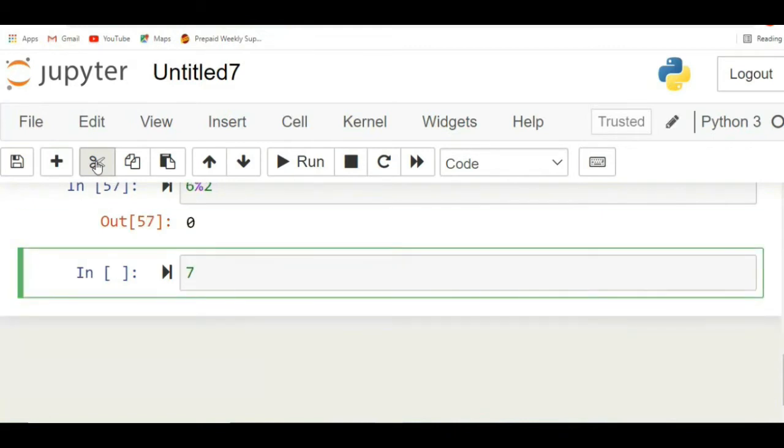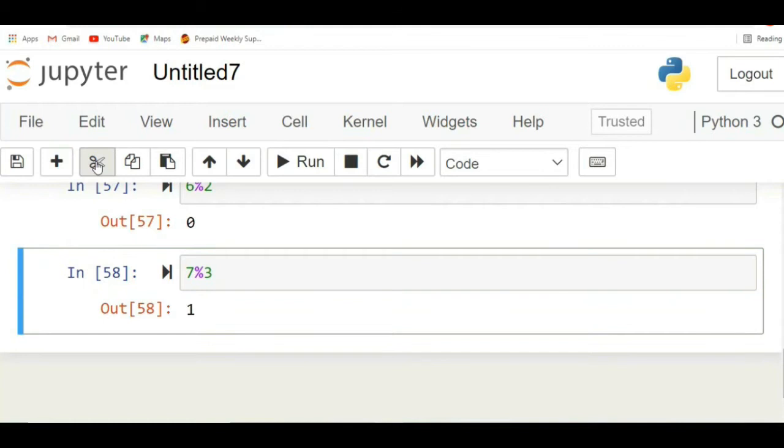And in the same case, 7 percentage 3, our answer should be 1. Yes, it is 1, because the remainder is 1.